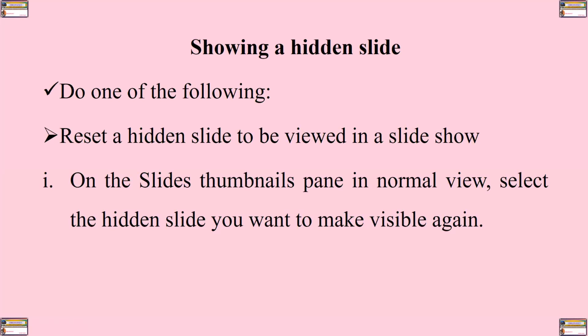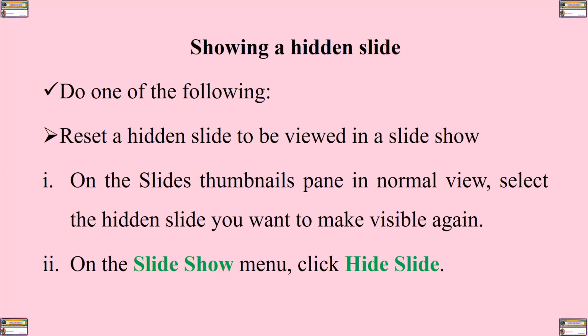So on the slides thumbnails pane in normal view, you select the hidden slide that you want to make visible again. Then on the slideshow menu, you click hide slide, just as we have done. So that's how you show a hidden slide during your presentation.